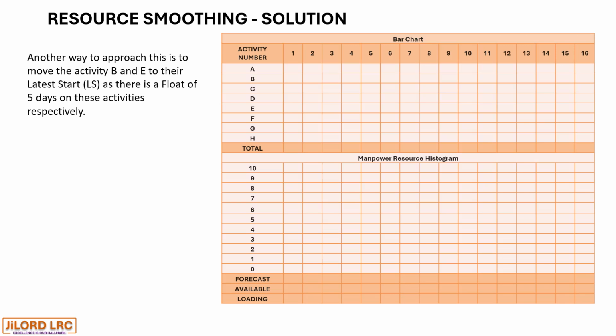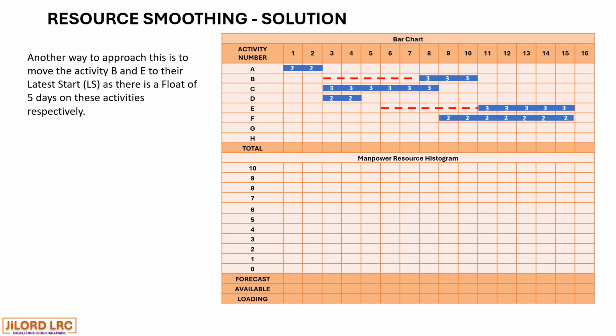So let's have a bar chart and resource histogram. So we move activity B by 5 days within each float, and we move activity E also by 5 days within each float. And the activities on the critical path remain where they are.